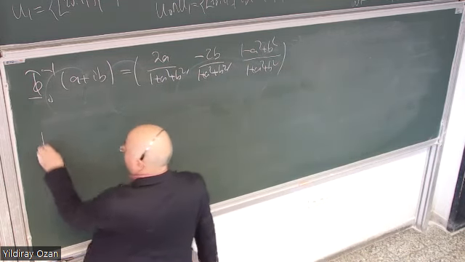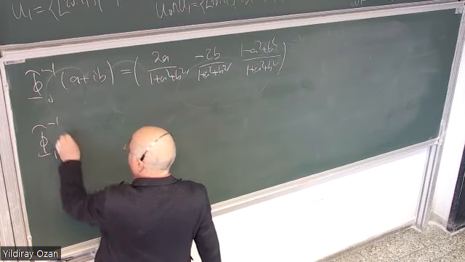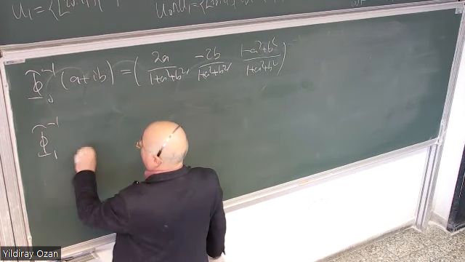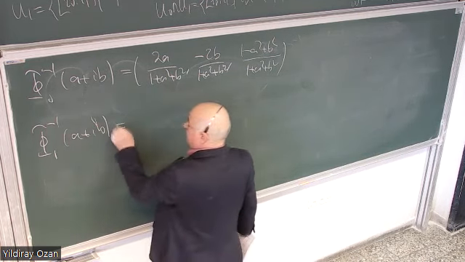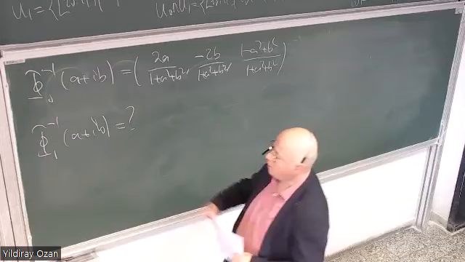And phi 1 inverse of A plus IB is homework.